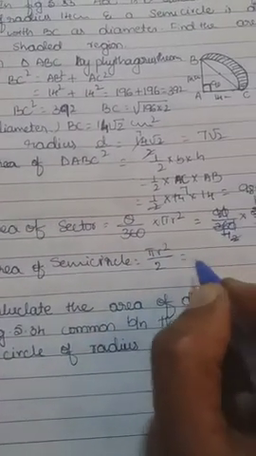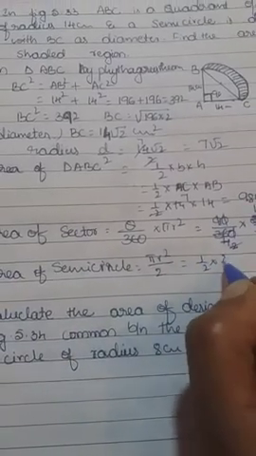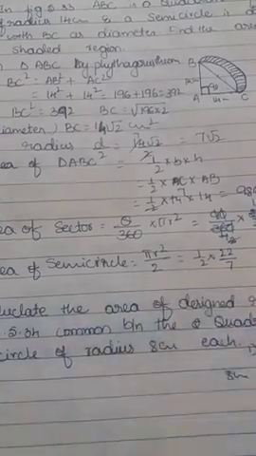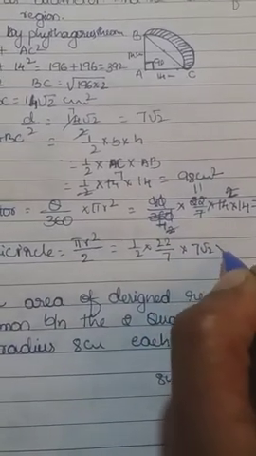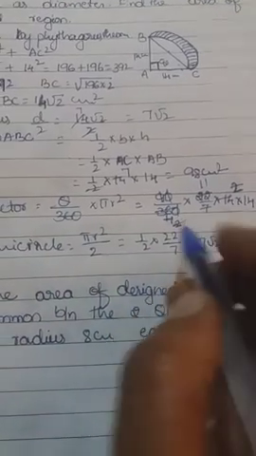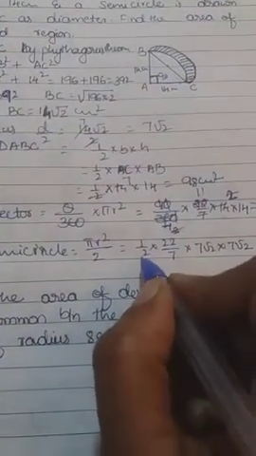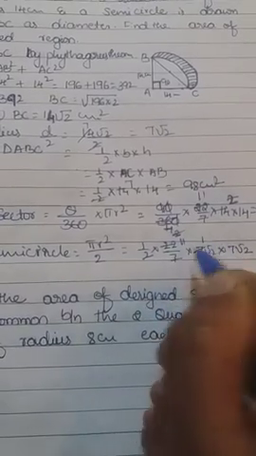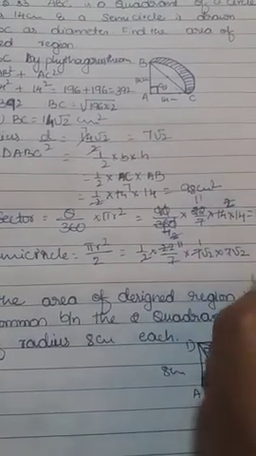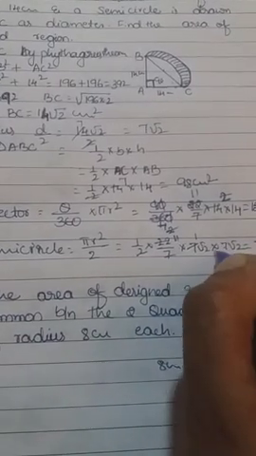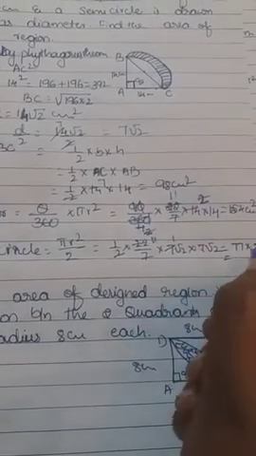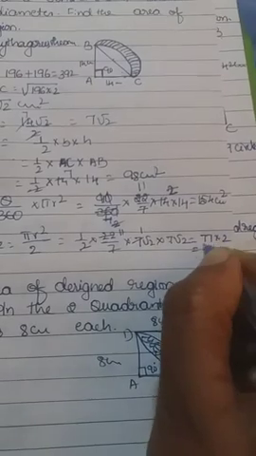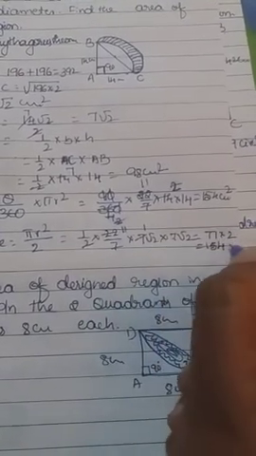That is half into 22 divided by 7, and r square is 7 root 2 into 7 root 2, because the radius of the semicircle is 7 root 2. So 11 into 7 is 77, and 77 into root 2 into root 2, which becomes 2. 77 into 2 is 154 centimeter square.